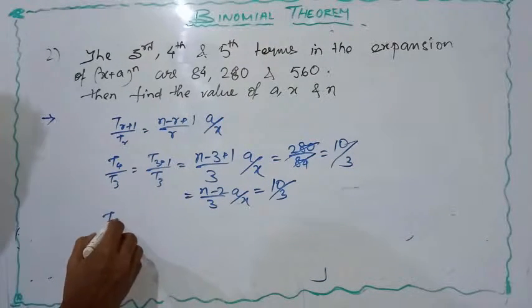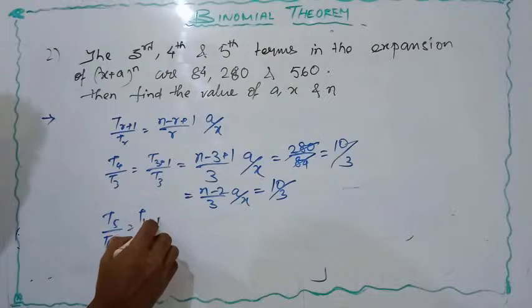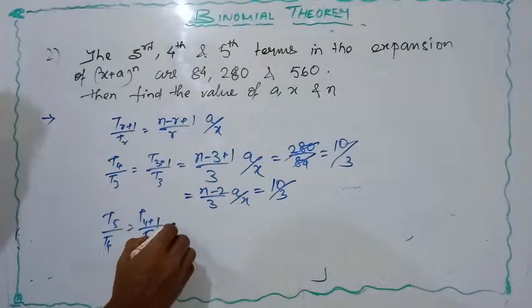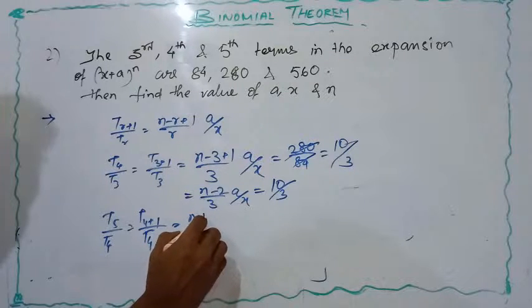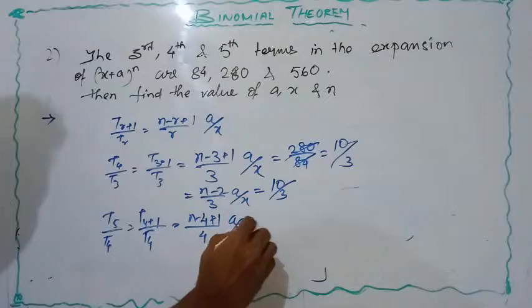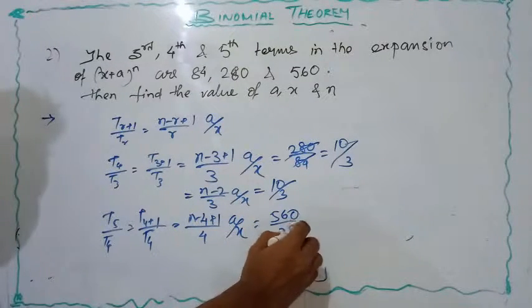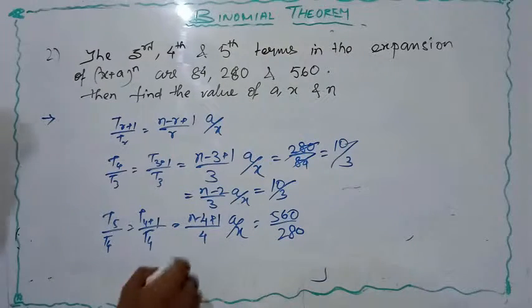Similarly, t5 by t4, that is (t4 plus 1) by t4, is equal to (n minus 4 plus 1) by 4 into a by x, that is equal to 560 by 280. It is given in the question.